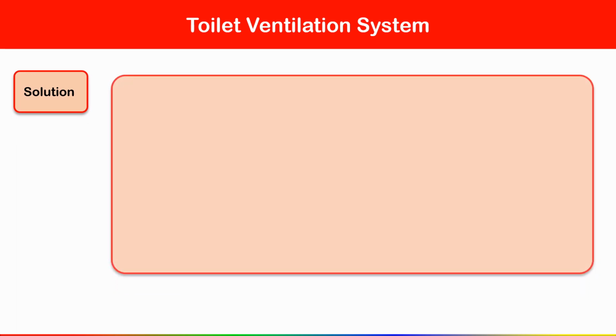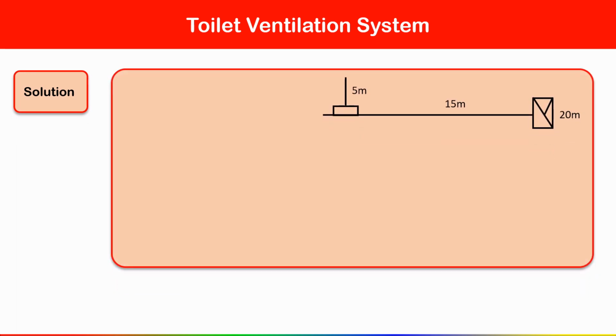So now here you can see I have drawn a single line diagram of our longest duct route. You can see this is our main duct and this is the last branch which we have taken, because always we have to take the longest duct route for the fan selection. Here one fitting is also coming, the shoe neck, that I have taken here.